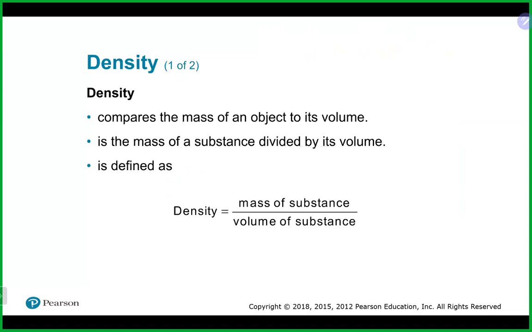To calculate the density, it is the mass over the volume. Density typically has 2 units associated with it: grams per milliliter or grams per cubic centimeter. These are typically the units for density for solids and liquids.